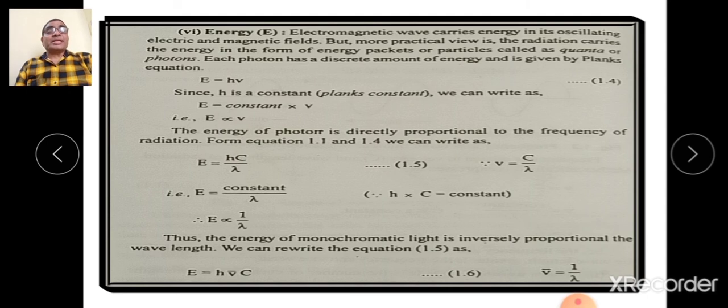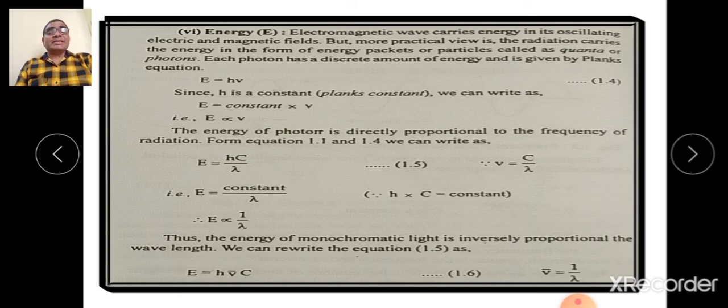Therefore energy is directly proportional to frequency. E is also related to lambda by E equals hc upon lambda.